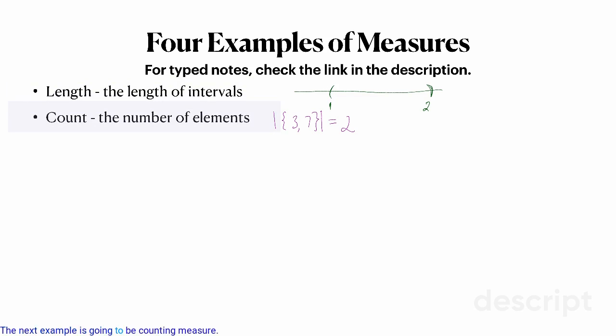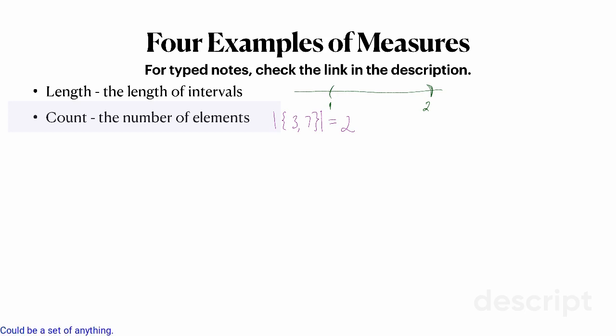The next example is going to be counting measure. And so this is an attempt to measure any subset of any set at all, right? So it doesn't have to be real numbers, could be anything. Here in the little visualization that I'm depicting, I'm talking about the set of the numbers 3, 7.